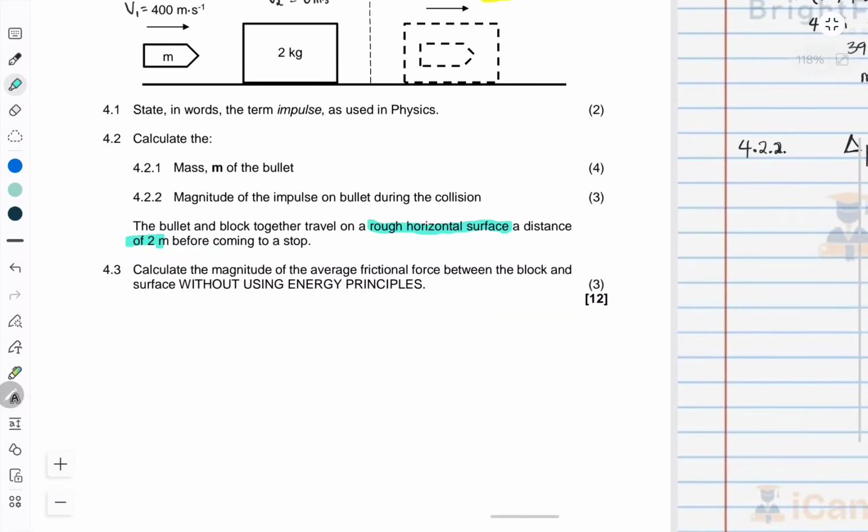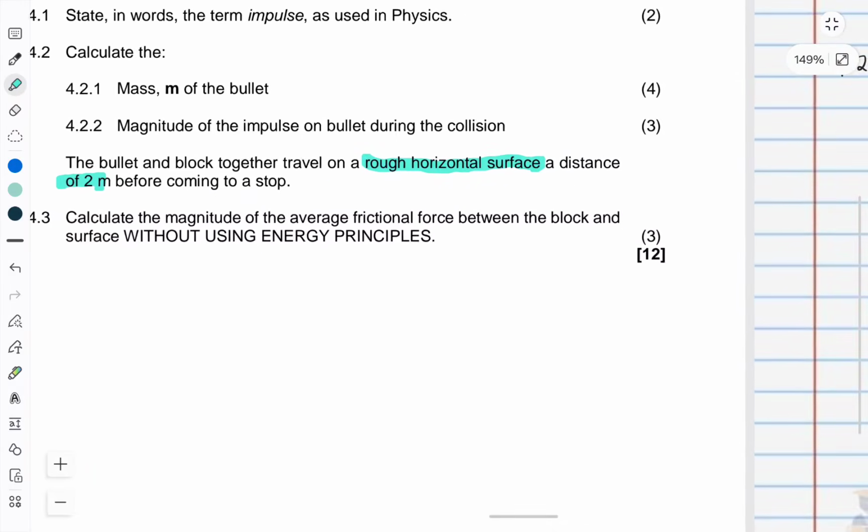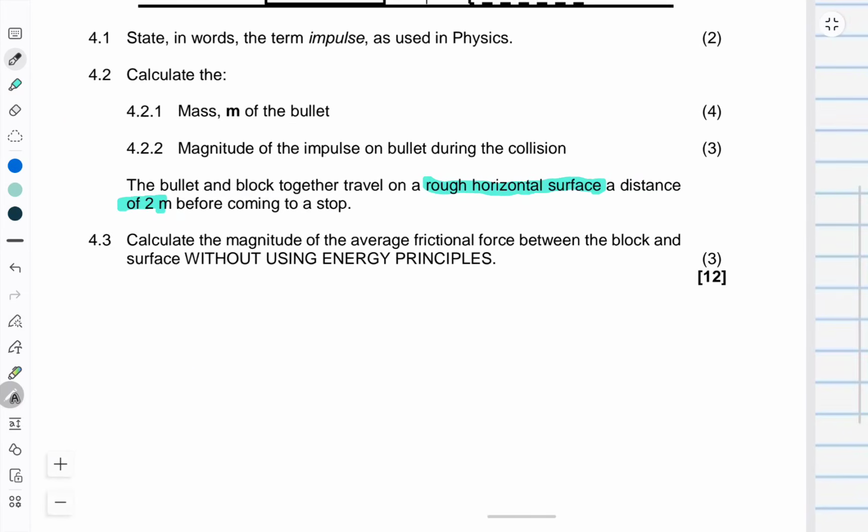Okay, so for this one, there are multiple ways of doing it as well. But since they said we can't use energy principles, basically energy principles is your work net equals the change in kinetic energy, like this formula. You can't use these types of formulae. So we need to find this frictional force between the block and the surface.